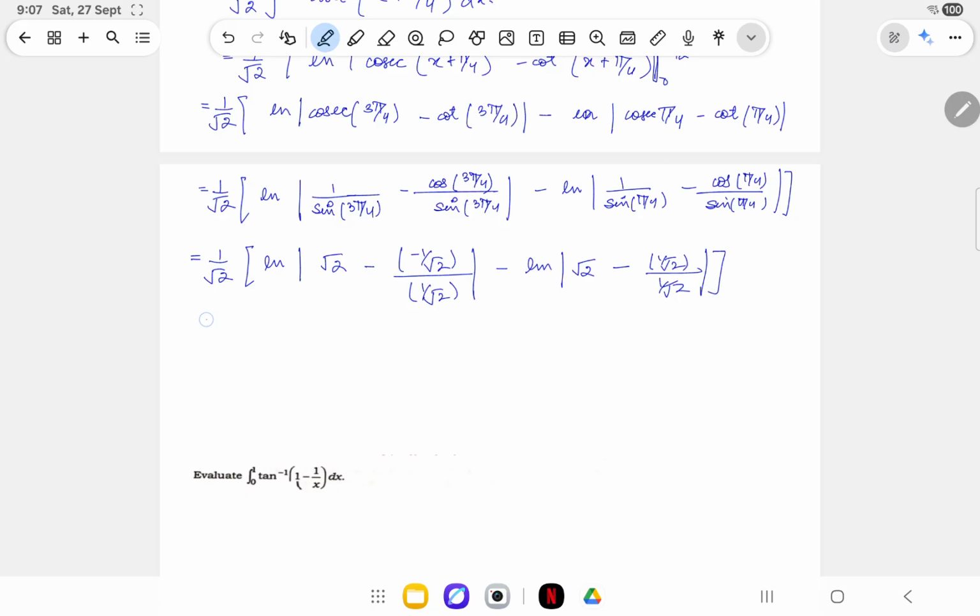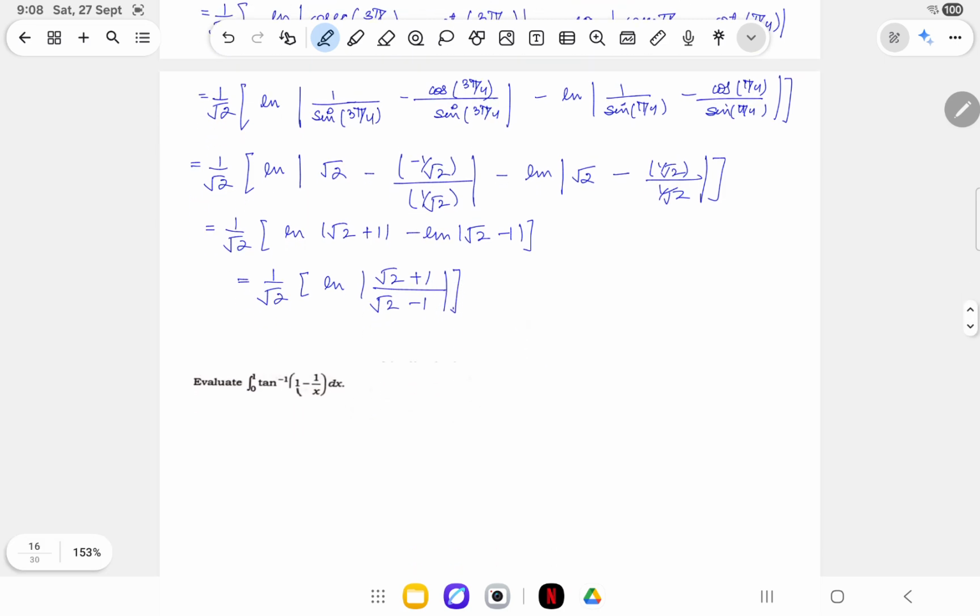Now if we simplify it, we'll get 1/√2 times (ln(√2 + 1) − ln(√2 − 1)), and this is equal to 1/√2 ln((√2 + 1)/(√2 − 1)).